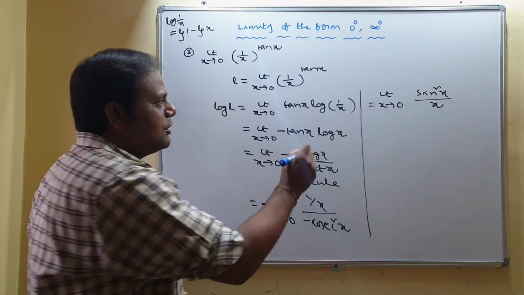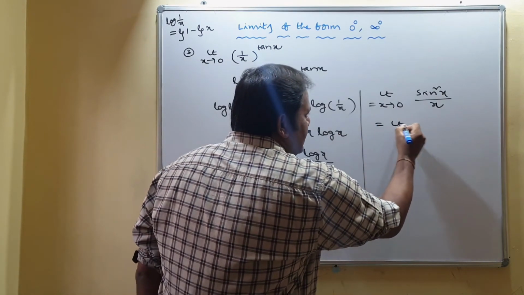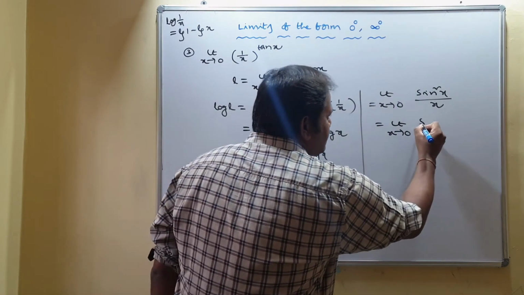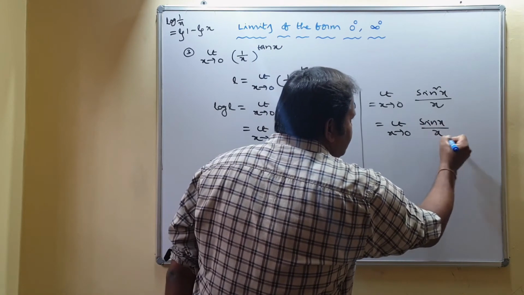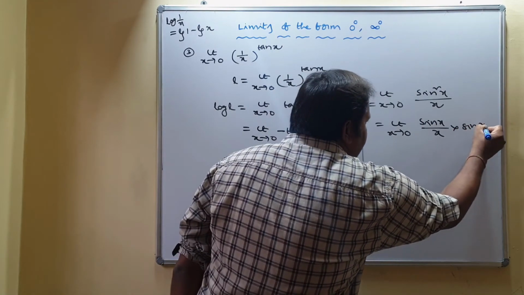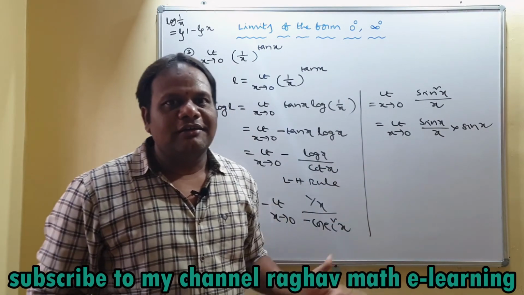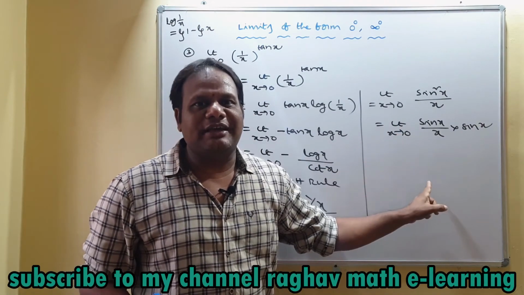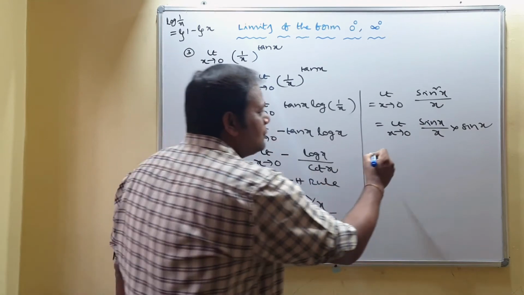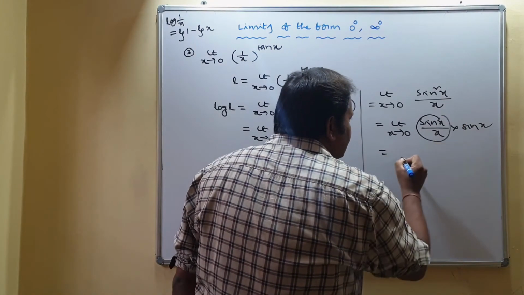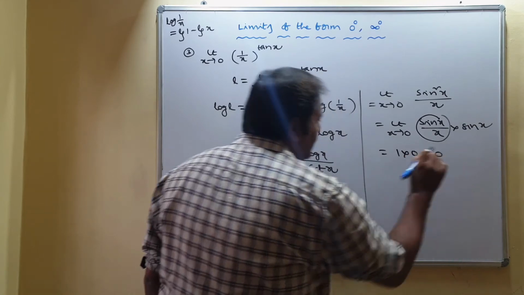Now I can write this as limit x tends to 0, sin x by x into sin x. Now you know the standard result limit x tends to 0, sin x by x is 1. So here this is 1 and sin 0 is 0. So totally we got 0.